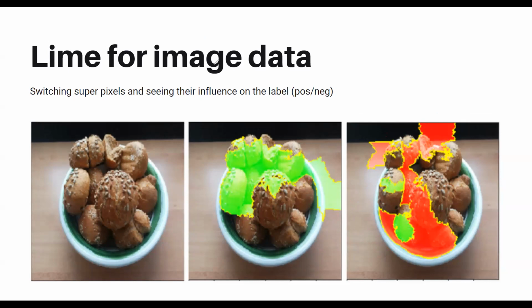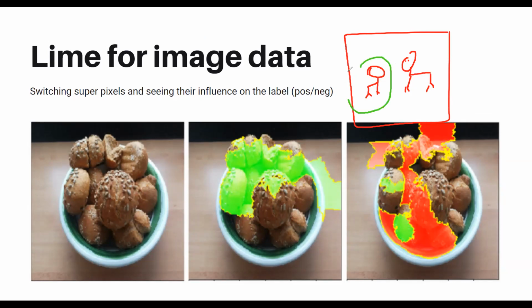So for example, if you have an image like this of a cat and a dog at the same time, LIME might give you something like this: these places have a high positive value, and these areas have a very low negative value, like minus 60, right?